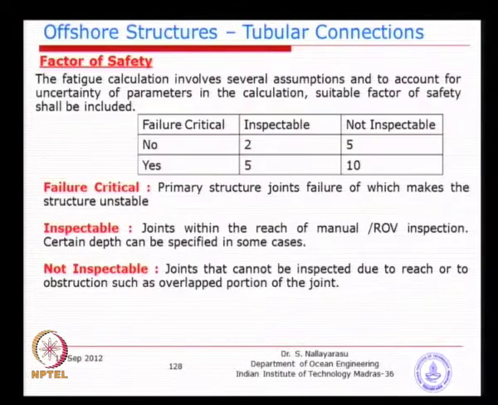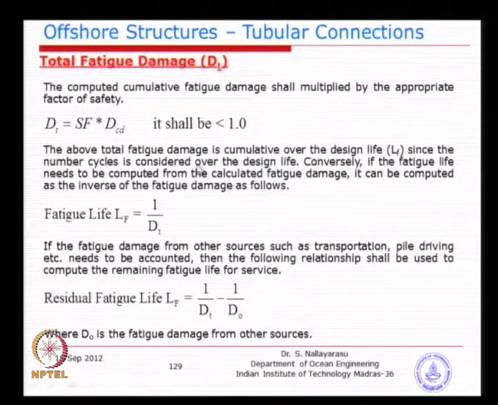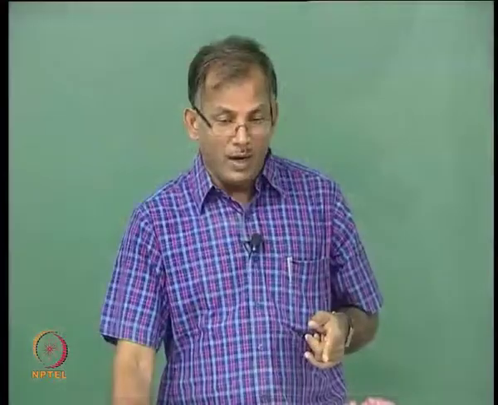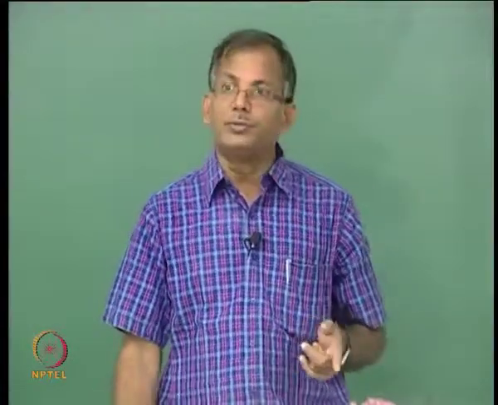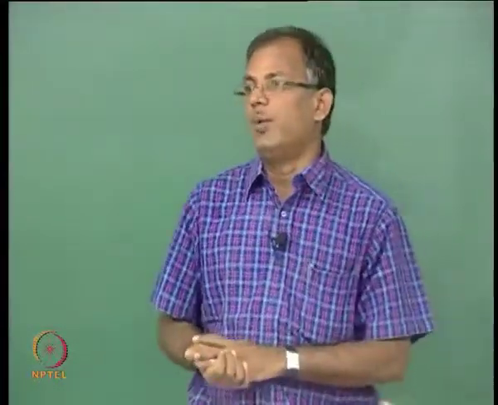So, that is what we are going to rewrite the equation as, after multiplying by the factor of safety, because what we have learned is the factor of safety is 2, 5, 10, whatever you require. The total damage is the damage you calculated from the ratio n by the allowable cycles, multiplied by the factor of safety. After multiplying by the factor of safety you should keep it less than 1.